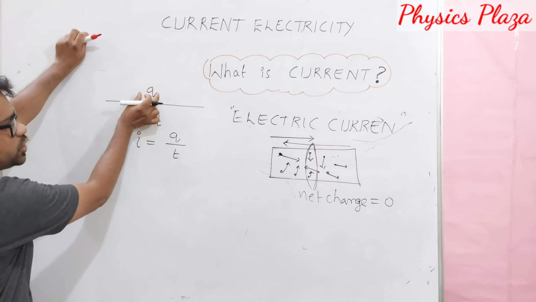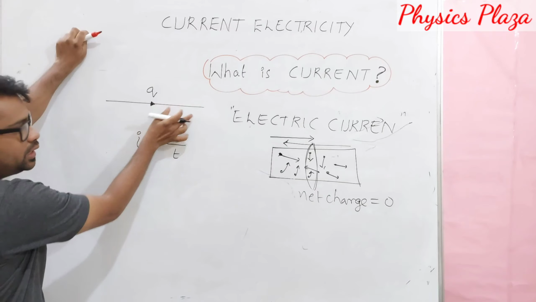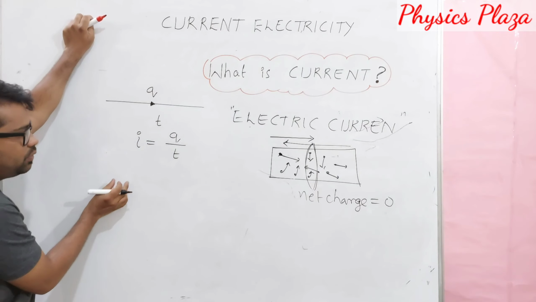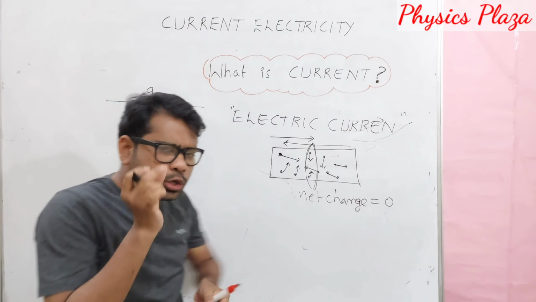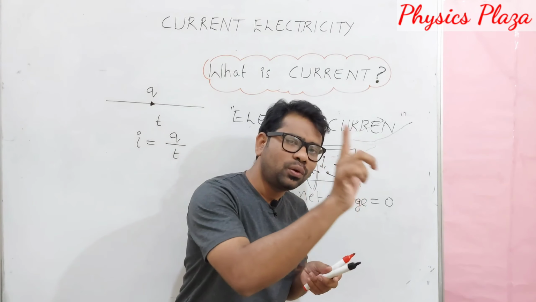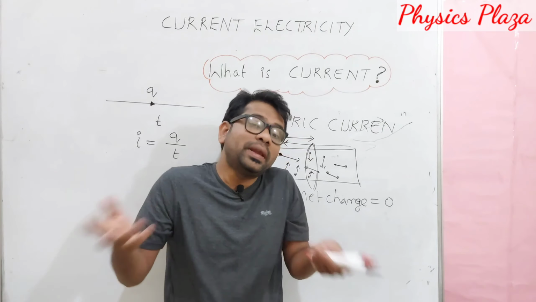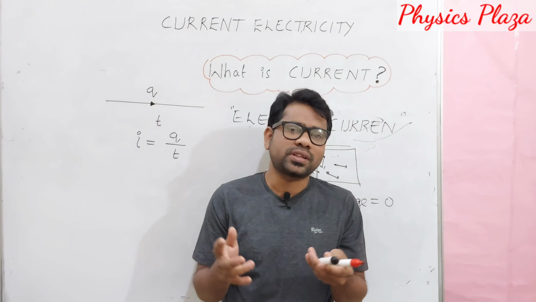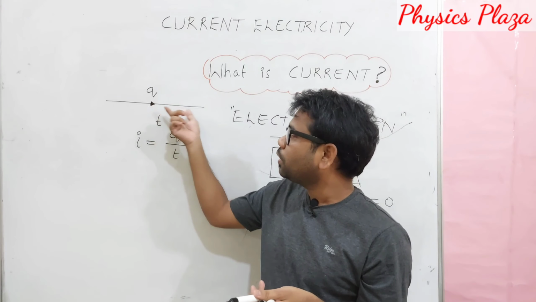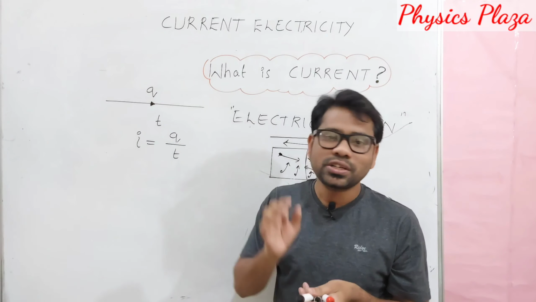So if Q is a charge which is flowing through the conductor in a time t, then mathematically we can say I is equal to Q by t. But dear children, do you think that only one charge will go? It's not that. Plenty of charges will be there. Let us say n number of charges will be there. So then what we have to do? We have to calculate the total charge.